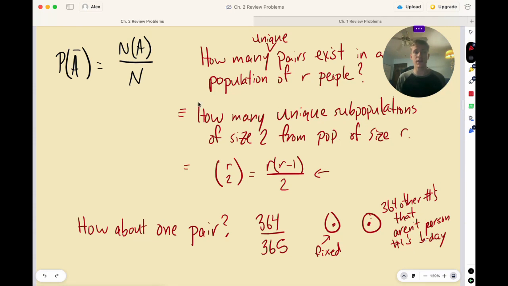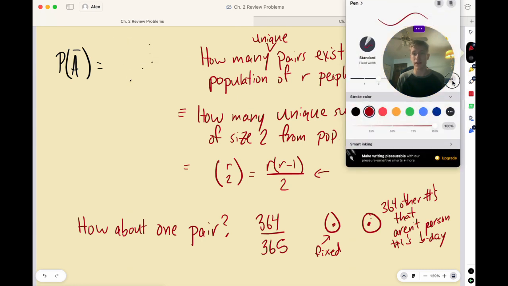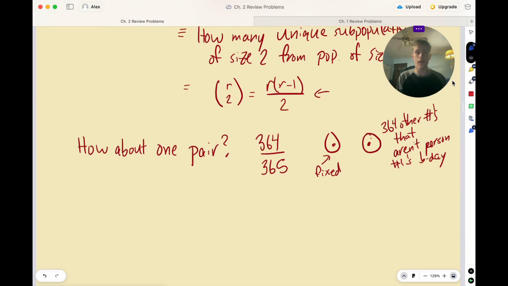So instead of using this formula, we can really look at it like this. I would prefer to look at it in this case. Treat this kind of like theorem 1.2, if you remember what that is. This is kind of theorem 1.2 in a way. And this is the first pair of individuals, and this is the second pair of individuals, and this is going to continue until the last pair of individuals.